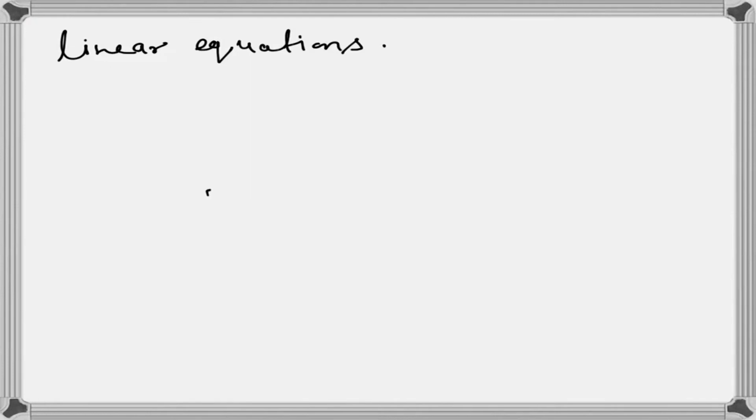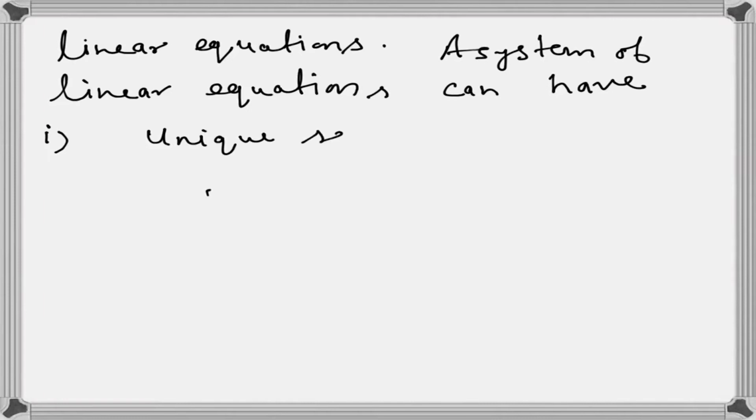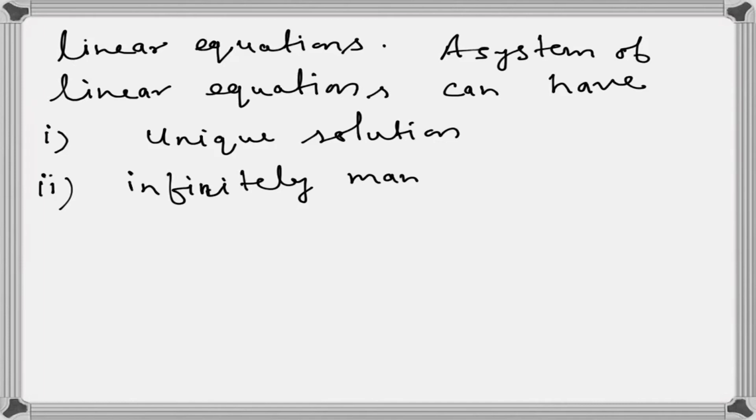So a system of linear equations can have a unique solution, it can have infinitely many solutions, and it may also have no solution.